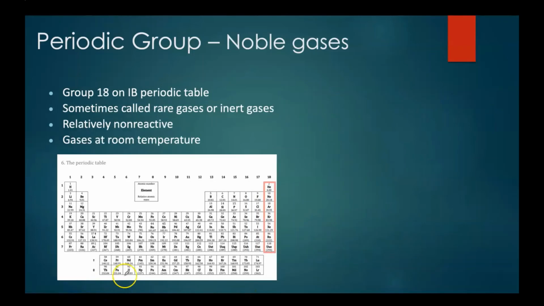The last one is the noble gases. They are group 18 on the periodic table. They're sometimes called rare gases or inert gases, and they are relatively non-reactive, and they are gases at room temperature. Each of them in group 18 has 8 valence electrons, which means a full outer shell.